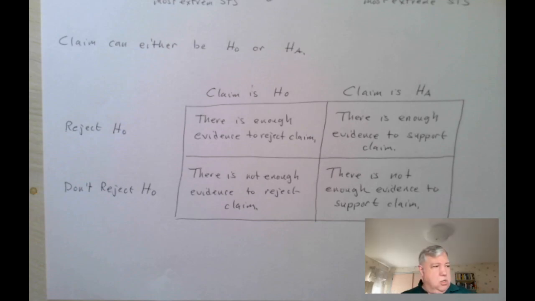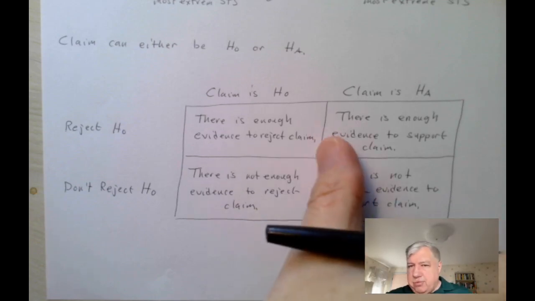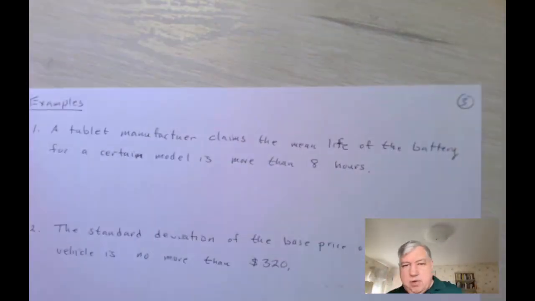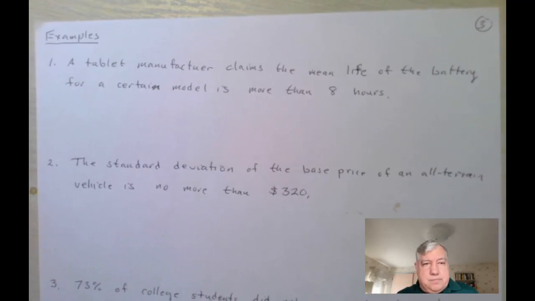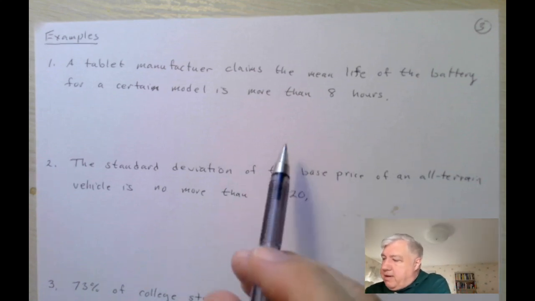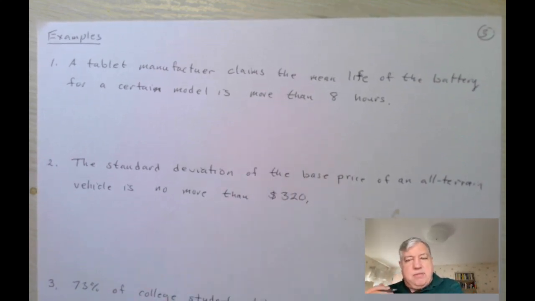All right? So let's look at some examples of how we could set this up, what you might see in real life. A tablet manufacturer claims the mean life of the battery for a certain model is more than 8 hours. Now, the claim says it's more than, that means not at least, it's strictly more than.